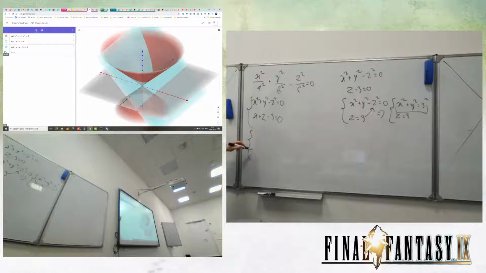Let's choose some. So it will be 3 minus x, and square plus square minus. Let's check.